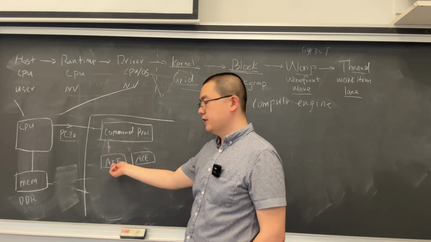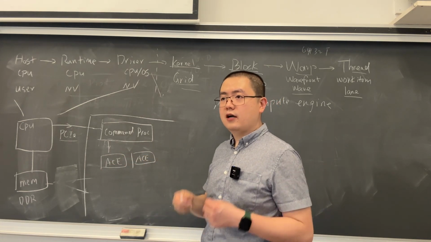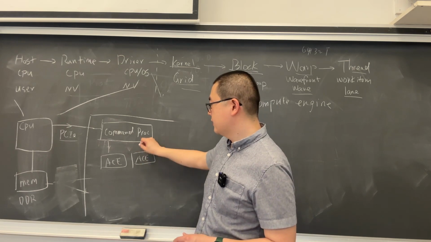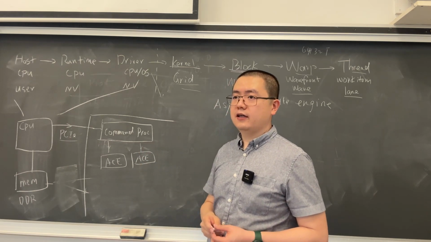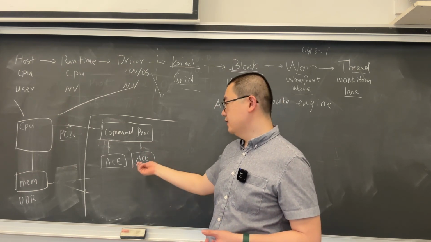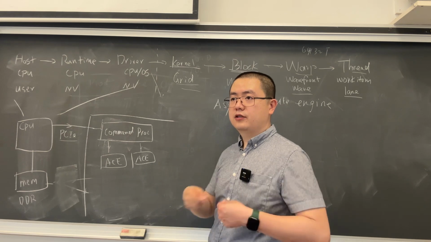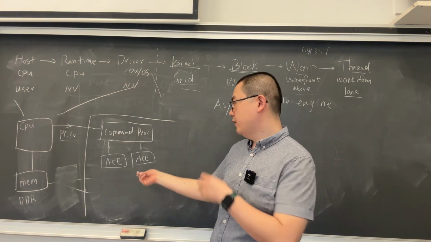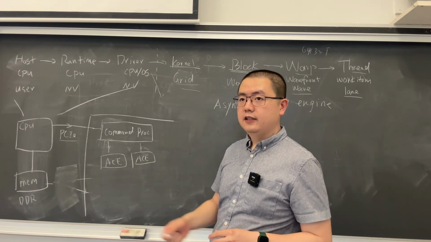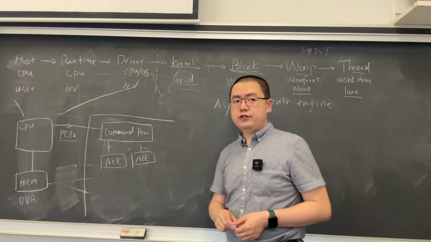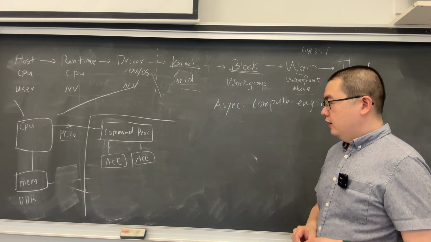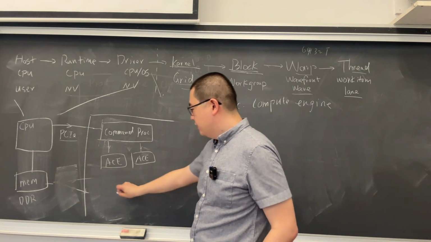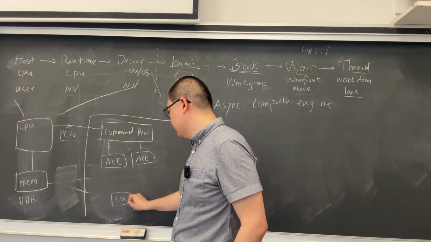Then the ACE will take that kernel and work on it until it's completed. At the same time, the command processor can assign another kernel to another ACE, and this ACE will take care of the execution of that kernel, dispatching and receiving the response. Okay, so those are asynchronous compute engines. Then below the ACEs, we have a lot of compute units, right?